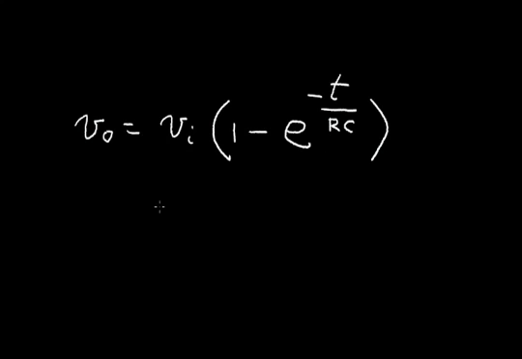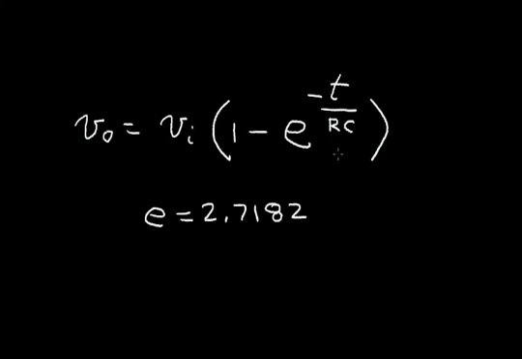Now e is the base of the natural logarithm, e is equal to 2.7182 and so on and so on. So e is a constant. Again, t is time, RC is the time constant, and VI is V in.